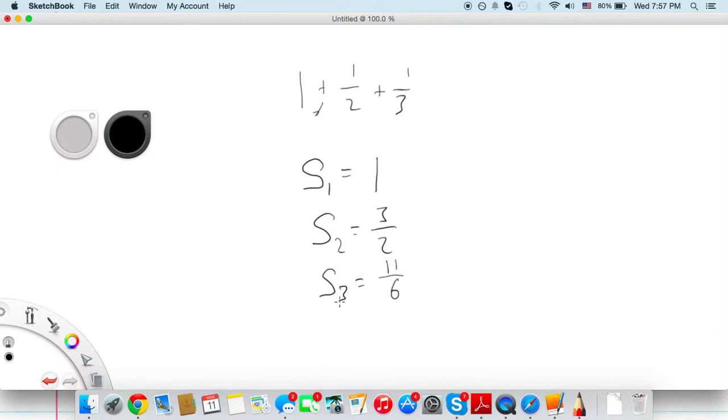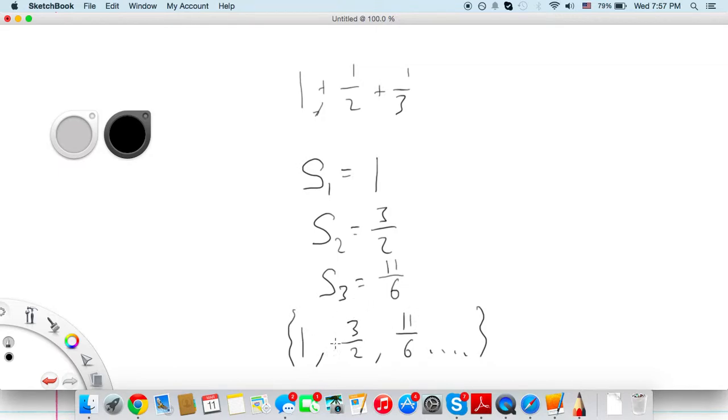So we can make a sequence out of these partial sums. So the first partial sum, the second, and the third, and so on, until n equals infinity. So we can look at the behavior of the sequence of partial sums as n approaches infinity.